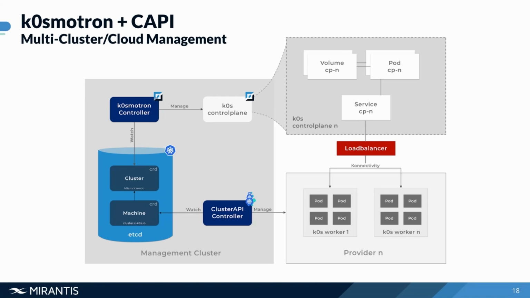Again, what we do is we push the declarative configuration into this management cluster, and we somehow, let's say, spread the configuration between the k0smotron controller, which will be responsible to spin up the control plane for the new cluster that we want, and the ClusterAPI configuration that will be responsible to deploy the workers wherever you want, and afterwards to deploy your application on top of it.